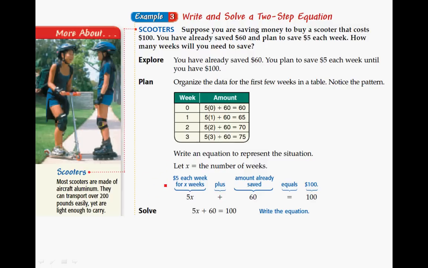So if you've already saved up $60 and you plan to save $5 a week, that's where you've already got 60 and you're making $5 a week more, so the number in parentheses represents the number of weeks. So if you want to know how long it's going to take you to make $100, then it would be 5 times the number of weeks plus 60.